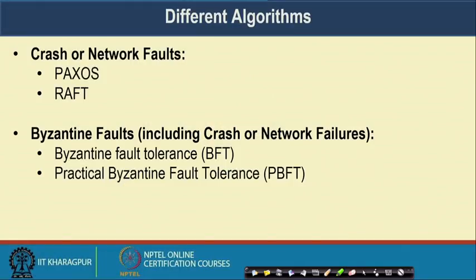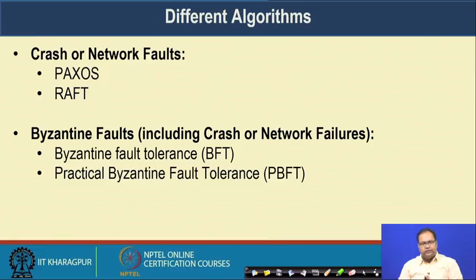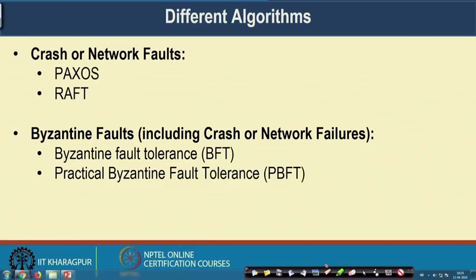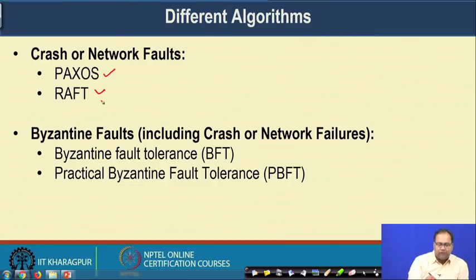Then we have different kinds of algorithms for ensuring consensus in a typical distributed system, which we apply in permissioned blockchain, and these algorithms are based on the state machine replication principle. The initial algorithms for distributed consensus are Paxos and Raft, which support crash or network faults, but they cannot support Byzantine fault.